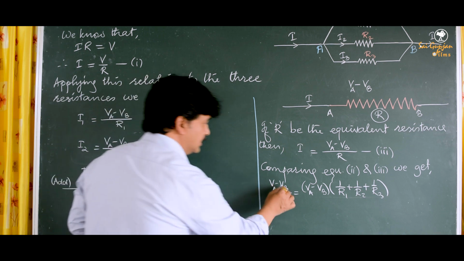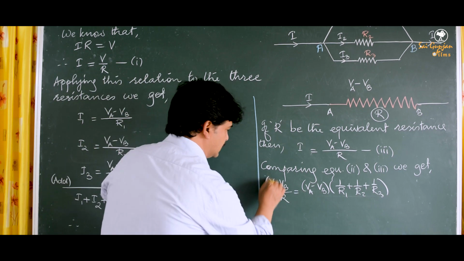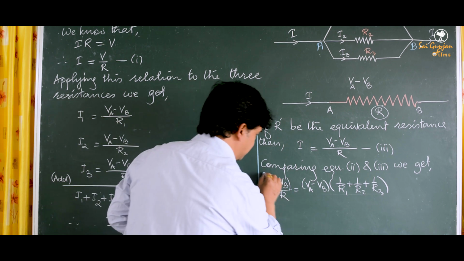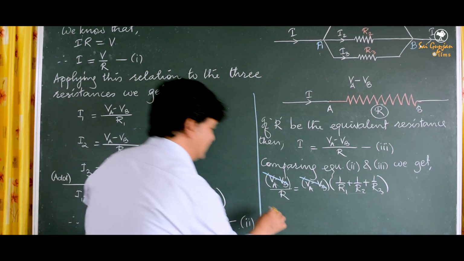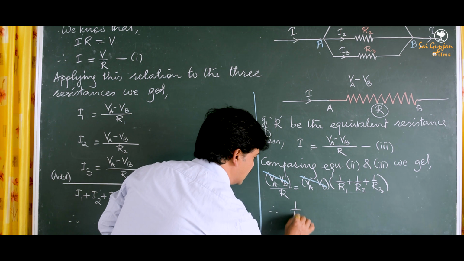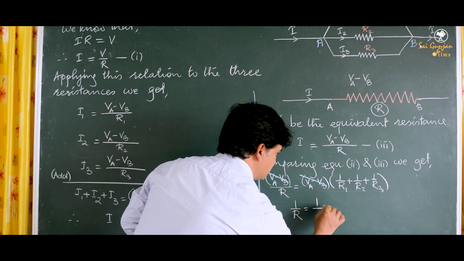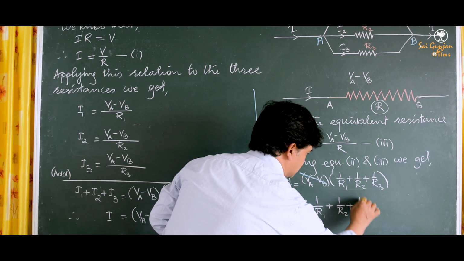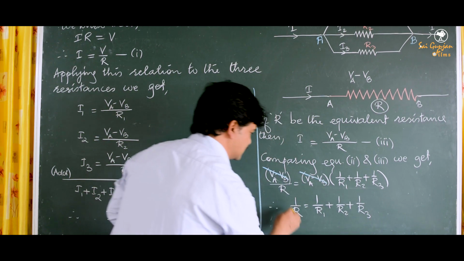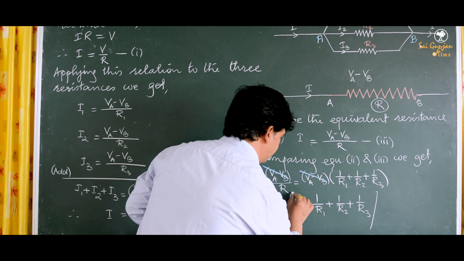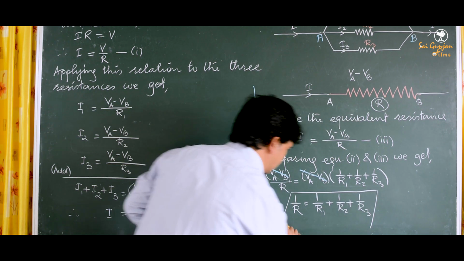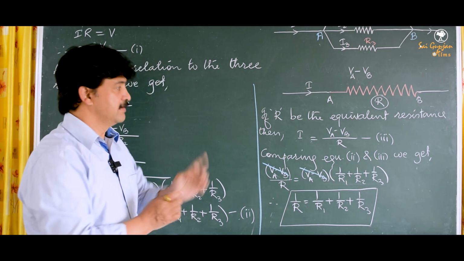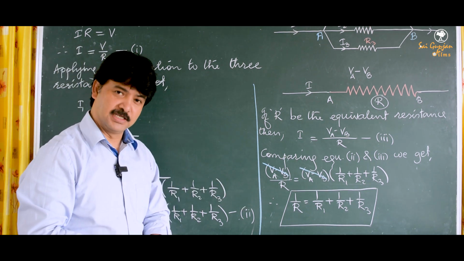So here VA minus VB is common on both sides, isn't it? That's why we can cancel these two. So what is left? 1 by R equals 1 by R1 plus 1 by R2 plus 1 by R3. So this is the formula for the equivalent resistance when the resistances are connected in parallel combination.